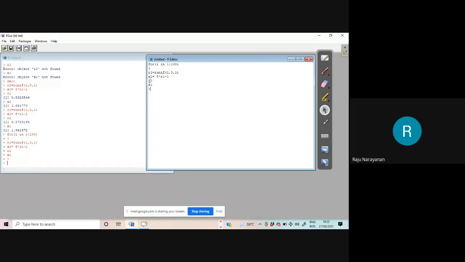x1, R1, print R1, print the x1. It is also quite boring, no?